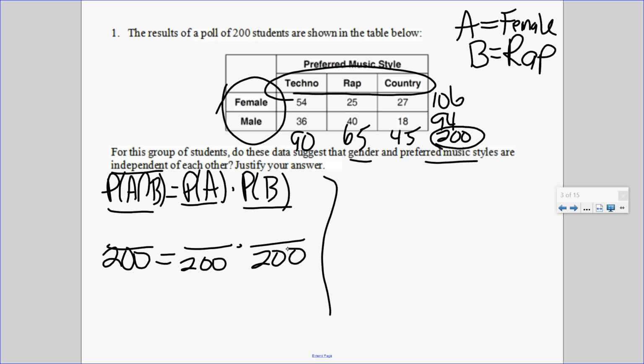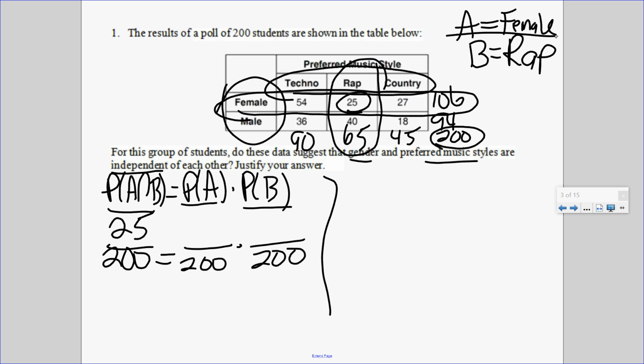So I've got female and I've got rap. It might be helpful to circle them. What's P of A and B? The probability of female and rap is 25. P of A, probability of female, is 106 over 200. P of B, probability of rap, is 65 over 200.